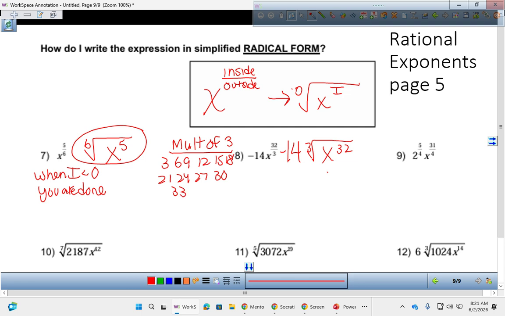I'm going to stop when I exceed my number. The multiple you want to pick is the one just below it. So I'm going to use the 30. And I'm going to split this up. The first one will be a 30. What does the second one have to be? It's got to be a 2. I still need to make 32. Right? So that second number is going to be a 2. Now this is just a negative 14.